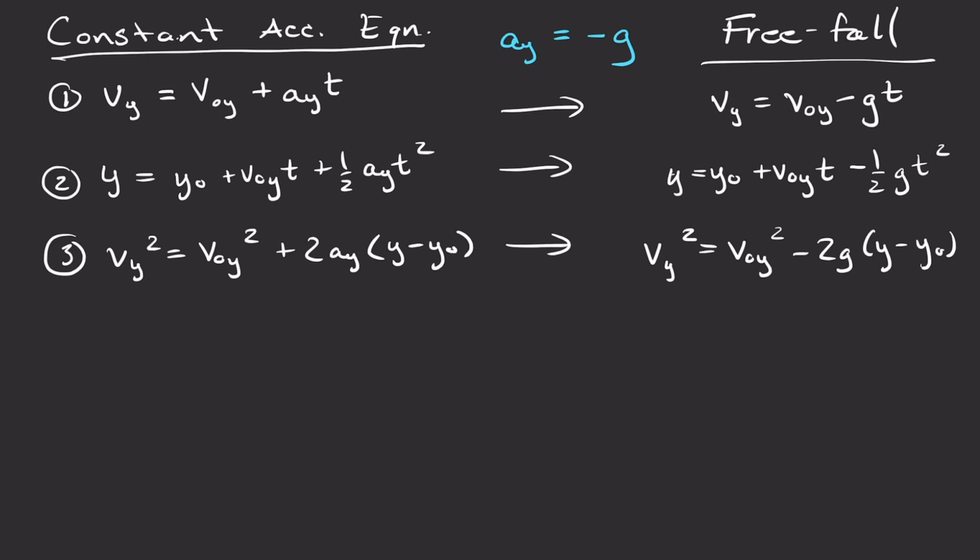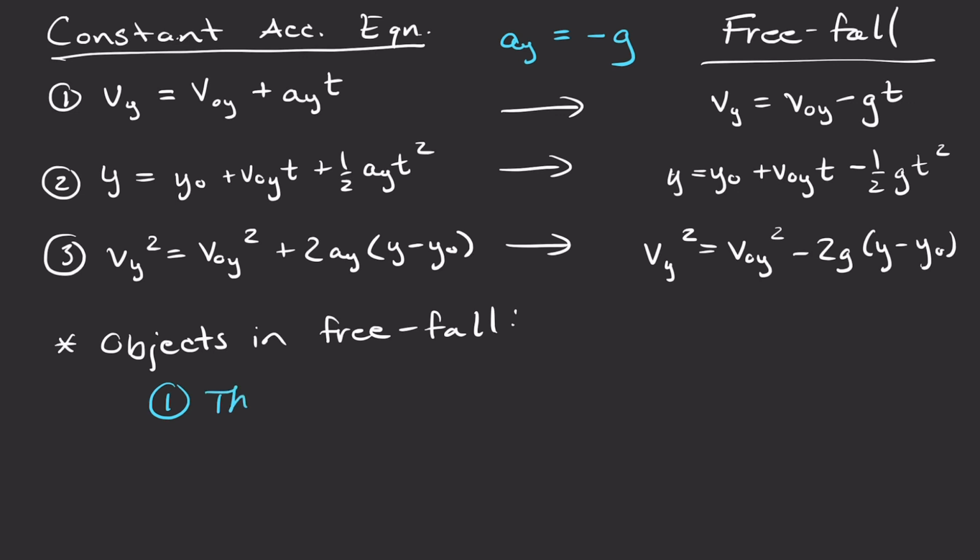Okay, and so how do you know an object is in free fall? I'll give you three cases. First of all, we're still talking about objects moving in one dimension, so it's moving straight up and down. That means something's only under the influence of gravity.